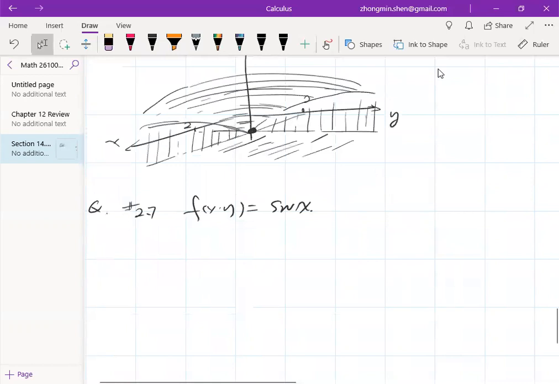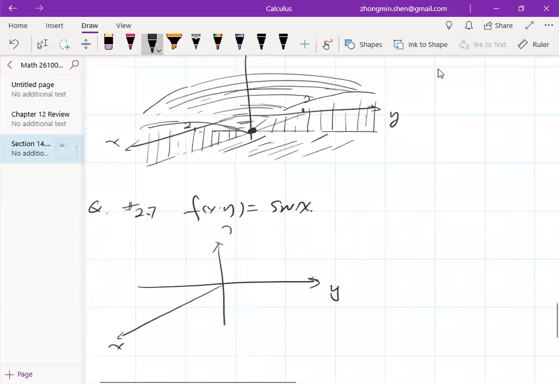So first of all, look at the graph. We're trying to draw the graph, right? This is the graph. It's just sine x, no restriction on y. So let's assume y equals 0.